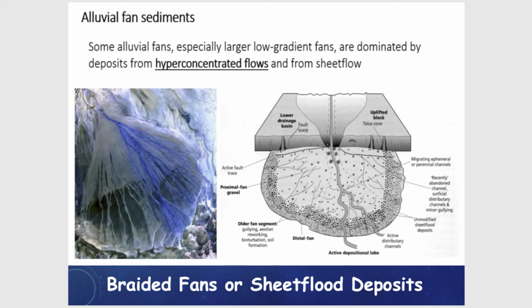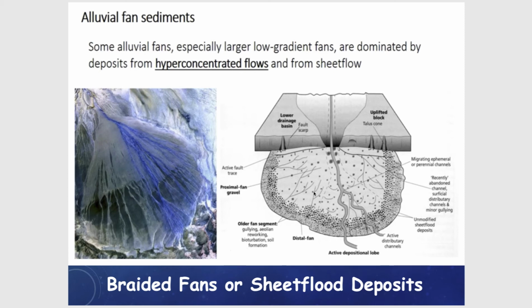So this system is not stable. Many times we have migration, so we have migrating ephemeral or perennial channels, so they can move laterally, and also you have that the older parts of the fan often will be reworked, so we can get gullying because of rain, that is, so the precipitations can influence really the morphology and redistribute sediment as well.